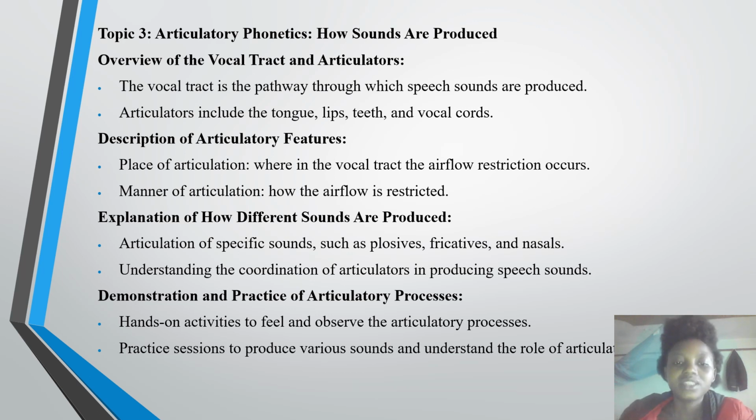Understanding the coordination of articulators in producing speech sounds. Demonstration and practice of articulatory processes: hands-on activities to feel and observe the articulation processes, and practice sessions to produce various sounds and to understand the role of articulation.